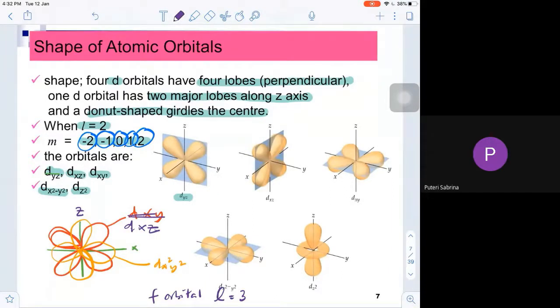However, for our level, we do not cover it in our syllabus. But if you want to see an example of the f orbital, it is in figure 7.20, page 322 of the textbook. That is for the orbitals.